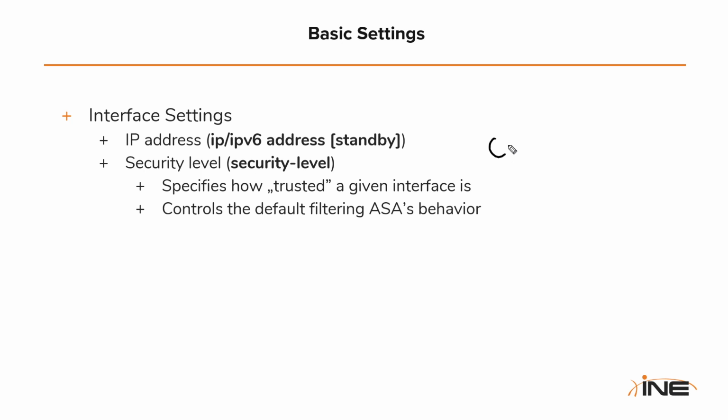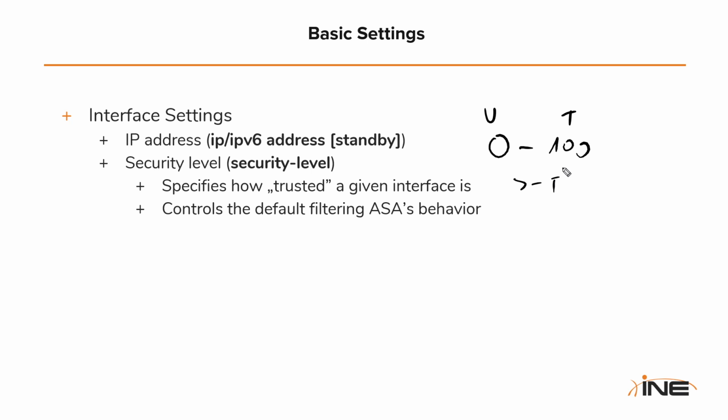It's a decimal number between 0 and 100, where 100 is the most trusted value, describes the most trusted interface, and 0 should be associated with the untrusted interfaces. Now, any numbers between 0 and 100 generally refer to semi-trusted connections, semi-trusted zones.